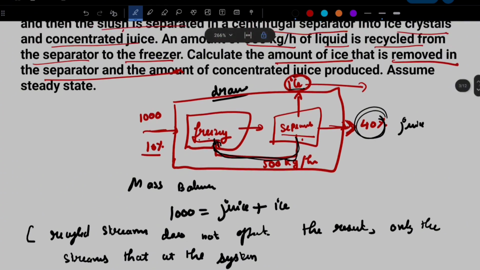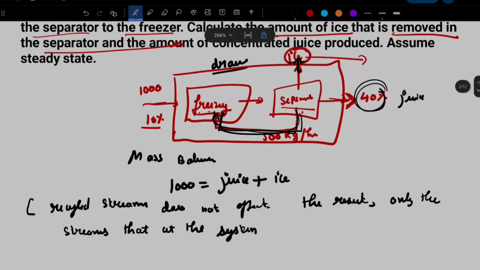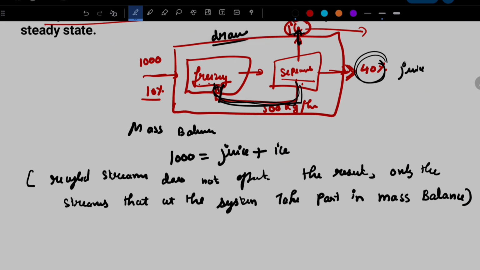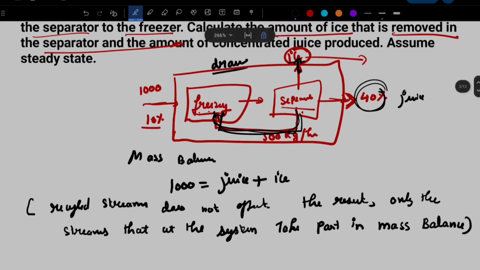For example, this ice is cutting the system, but this is not. So whatever is cutting the system has to take part in the mass balance. Whatever happens inside stays inside, so you don't need to calculate it.